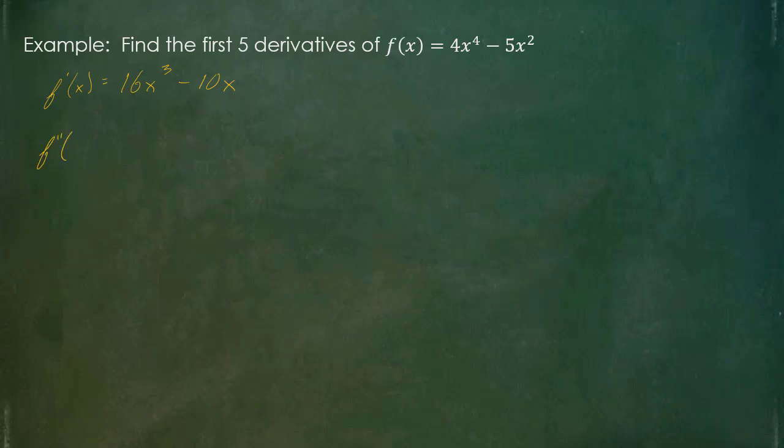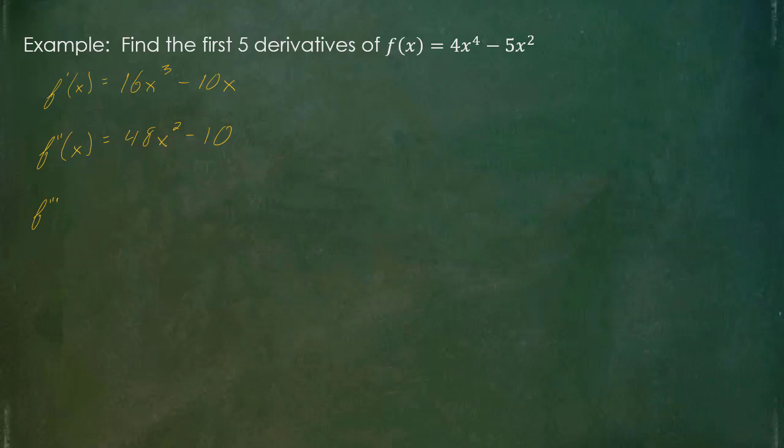To come up with the second derivative, I take the derivative of my first derivative: 3 multiplying with the 16 turns into 48x squared, and then minus the derivative of 10x, which is 10.